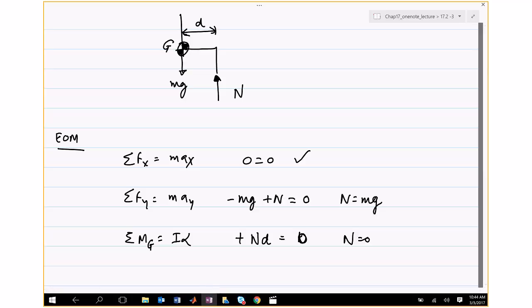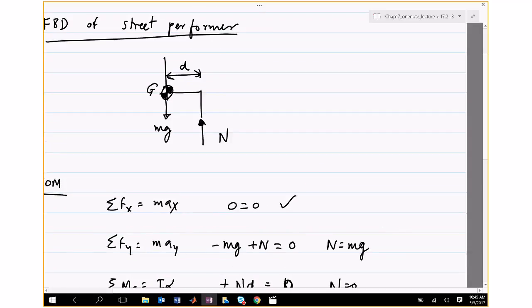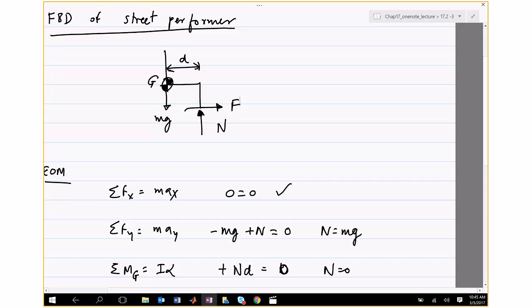We're missing something in the free body diagram. You know what we're missing? There has to be another force here, or presumably a moment here. Or there might be, as she said, a force this way. There has to be, because if that force doesn't exist... this force can be friction plus other things.